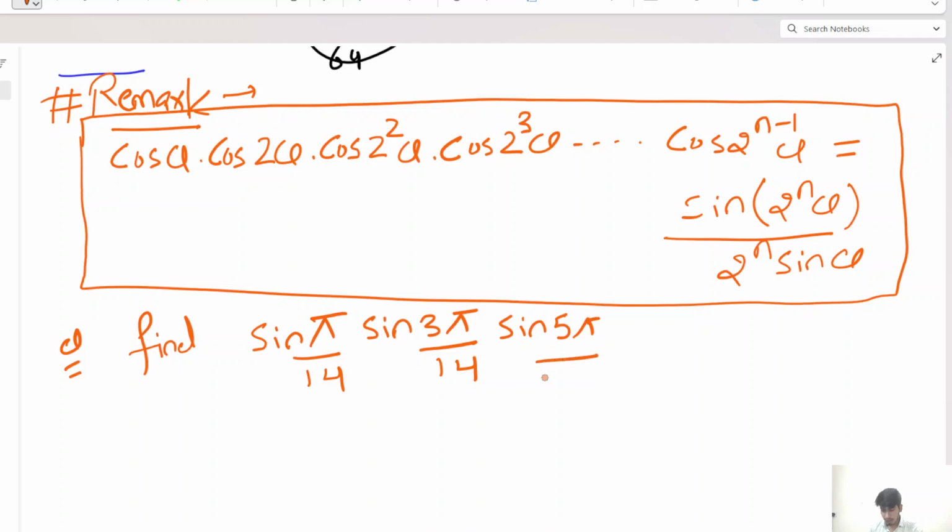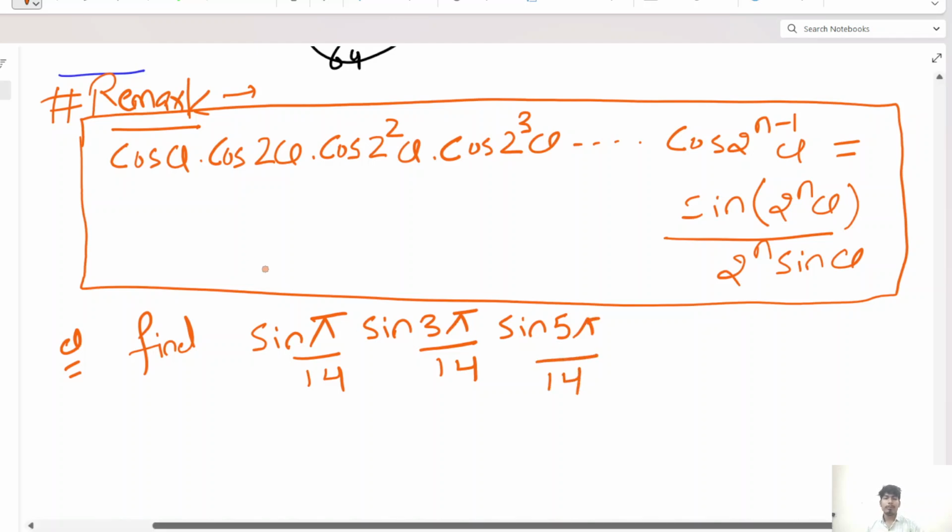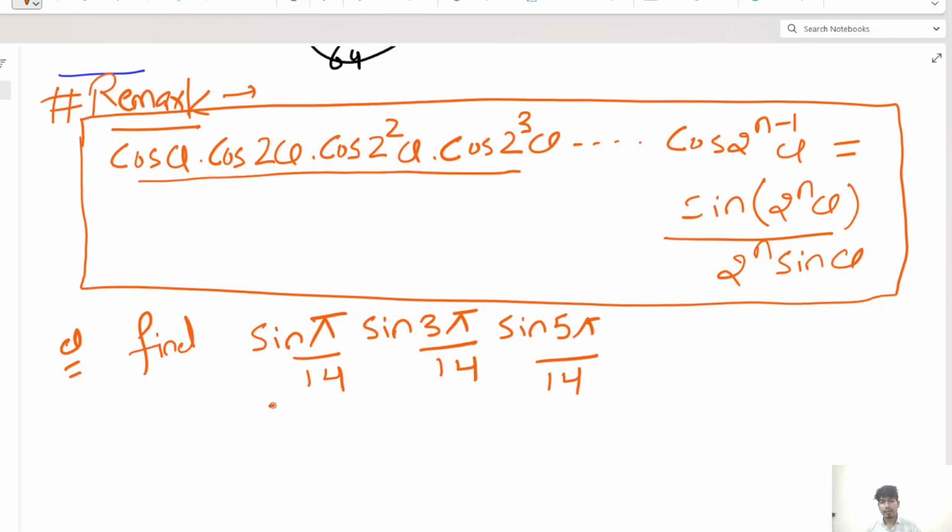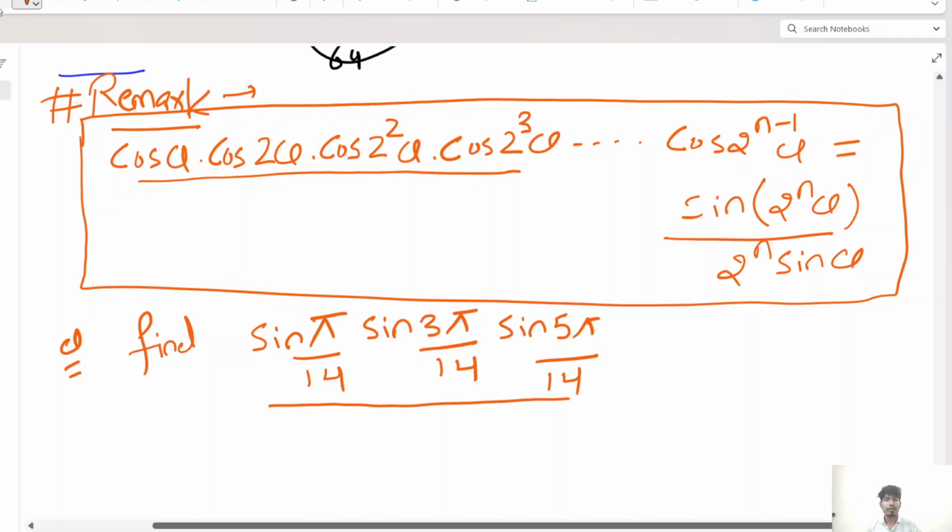Our remark is in cos theta and here we have sin theta, so we know sine changes into cos. So sine of pi by 2 minus 3 pi upon 7; this is still pi upon 14.